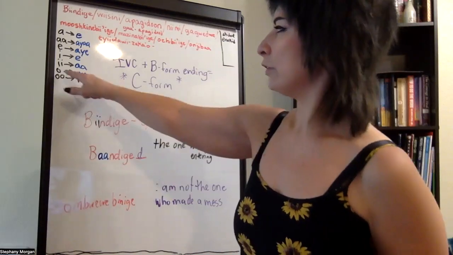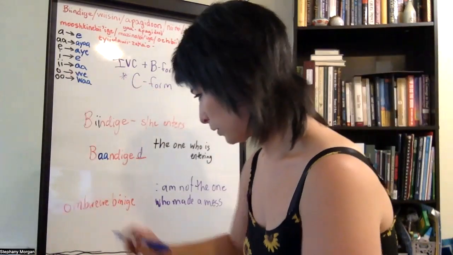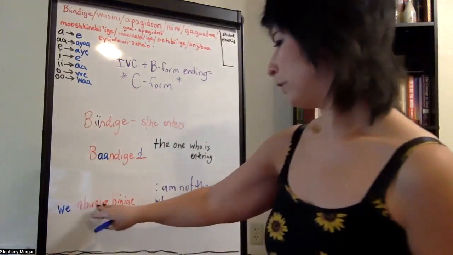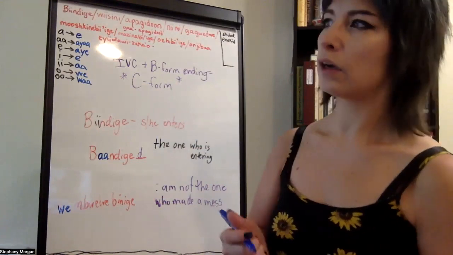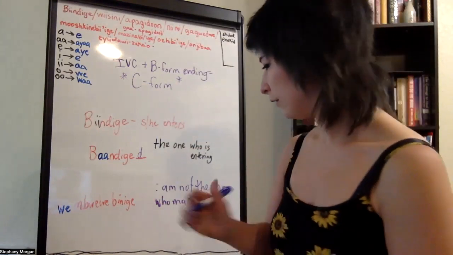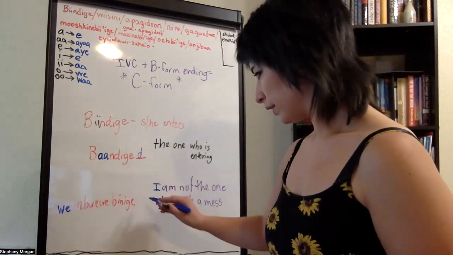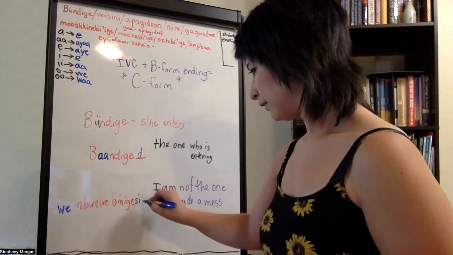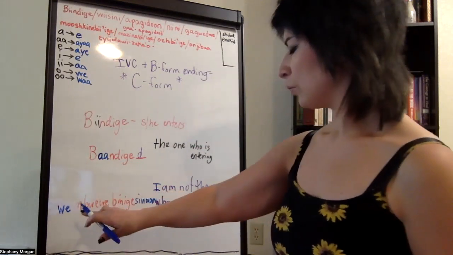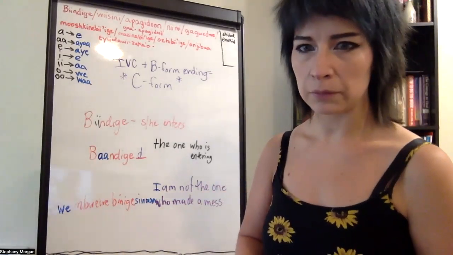It starts with O. O changes to WE. So it becomes wembwewe binige. And then our negative B form ending for I or me is siwan. Wembwewe binige siwan. I'm not the one who made a mess.